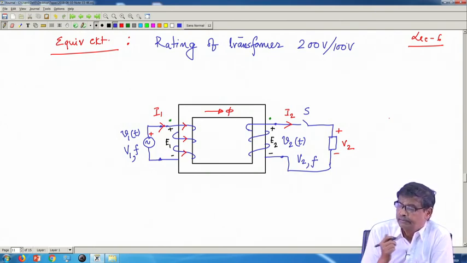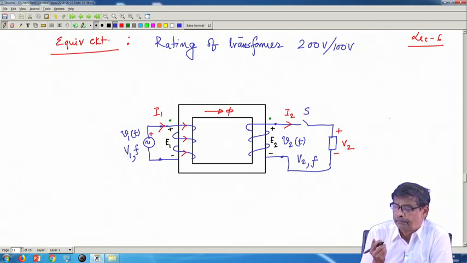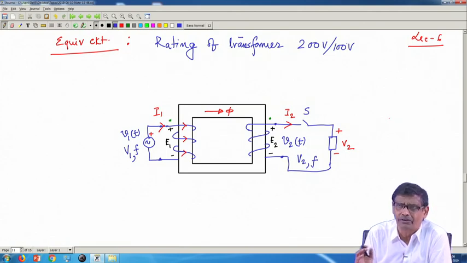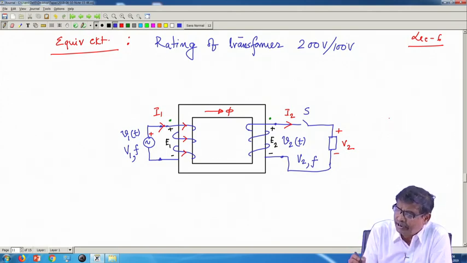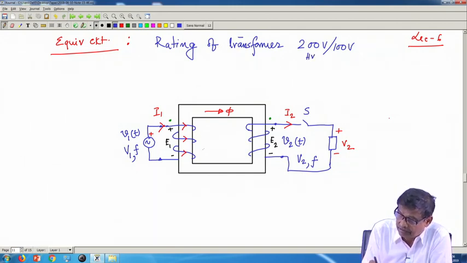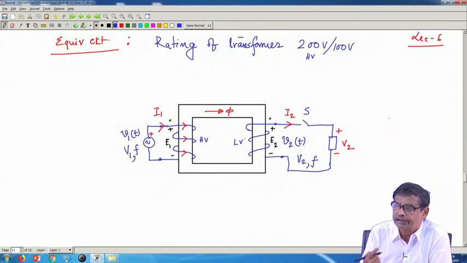Instead of saying the primary side is 200 volt and the secondary side is 100 volt, which we will also use as terminology, a more scientific way is to call this coil the HV coil, and this the low voltage coil, whichever side has the low voltage.